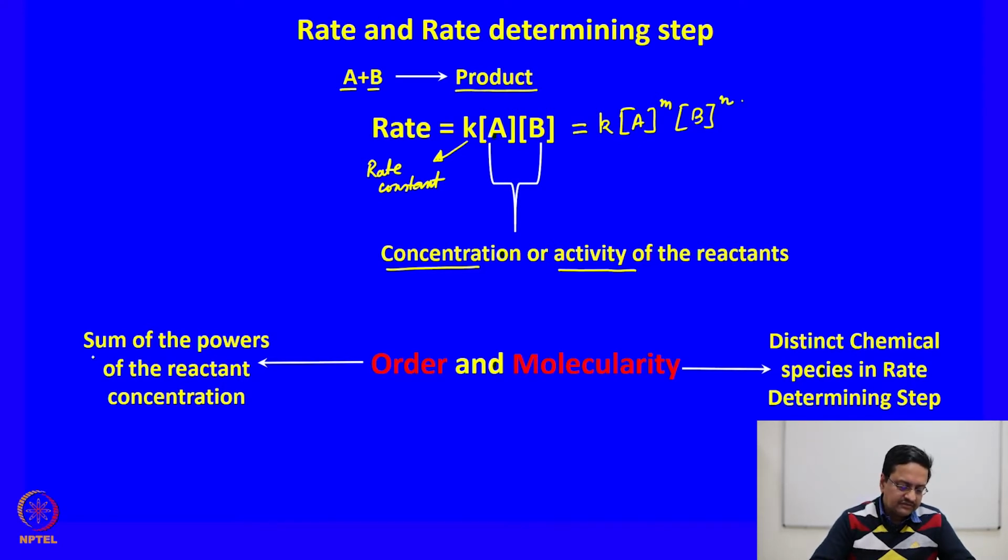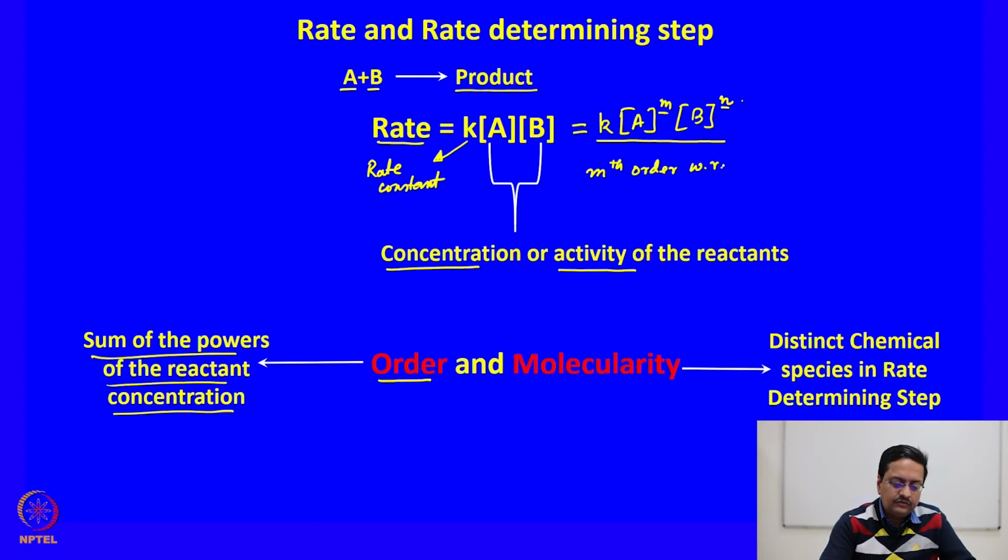So, some powers of the reactants on the concentration are added in various reactions. Those powers are called the order of a particular reaction. So, when you write a reaction rate in this manner, then we say that this reaction is mth order with respect to A and nth order with respect to B.